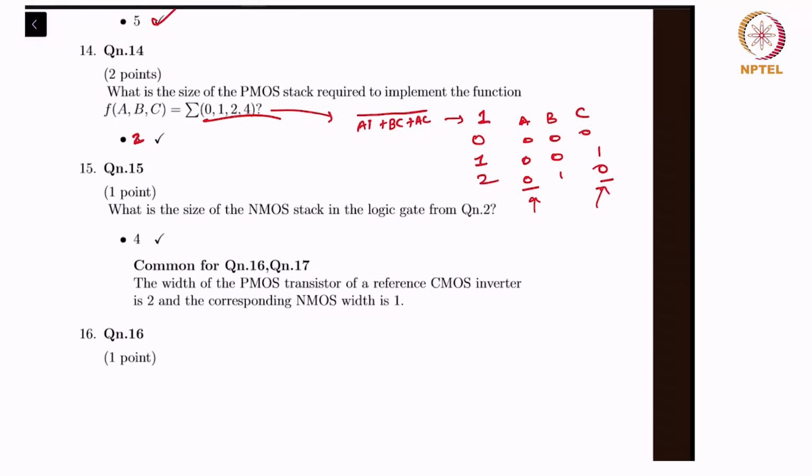And finally, the only other combination where there are two zeros is 4, right? 1, 0, 0, right?